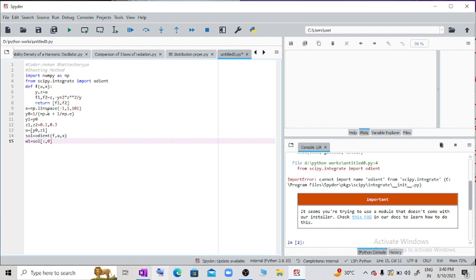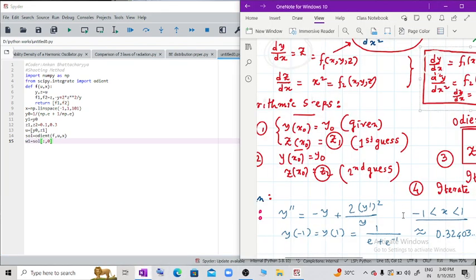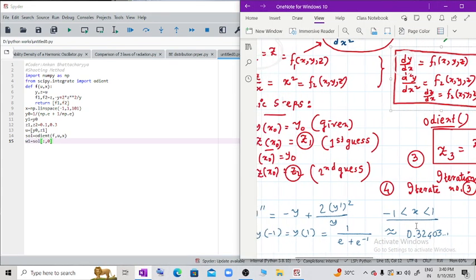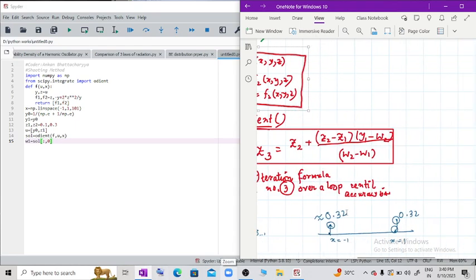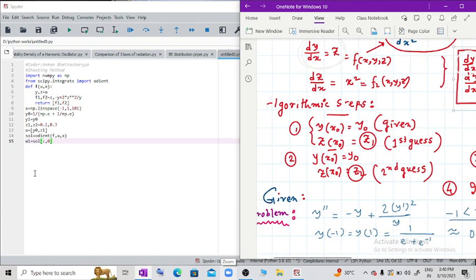The total solution is given up to this, but I am concerned only with the first solution, only this solution at the initial boundary, x equal to minus 1.